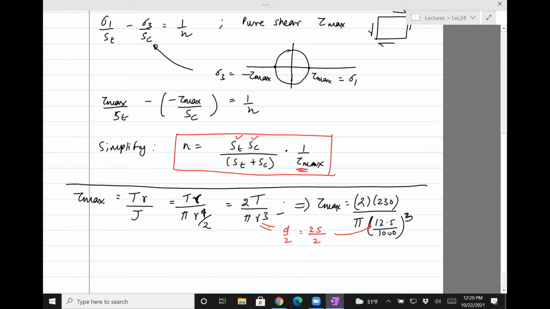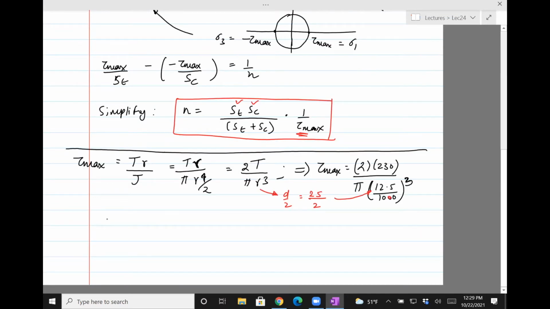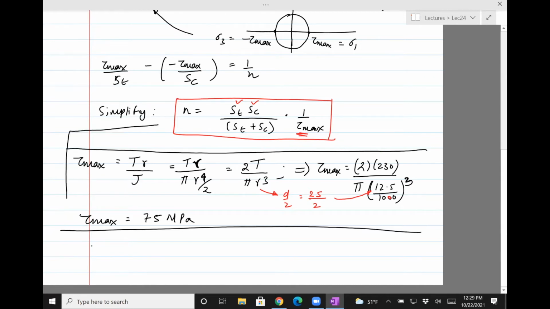But then I need to convert that to meters, so that's 1,000. So from this, tau max comes out to be 75 MPa.